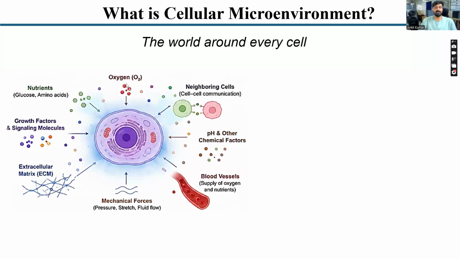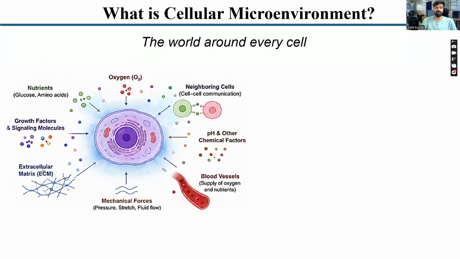The cellular environment contains various components like oxygen, nutrients that include glucose and amino acids, then growth factors and signaling molecules, extracellular matrix, neighboring cells, pH and other chemical factors, blood vasculature, and mechanical forces. We'll study all of these components one by one in detail, but all of them are very important.